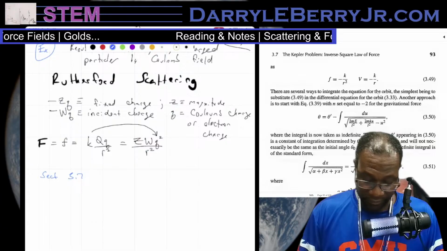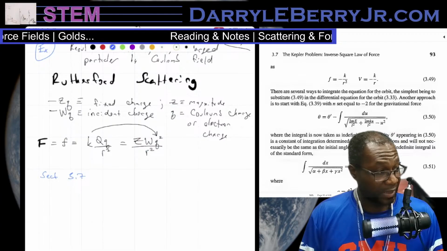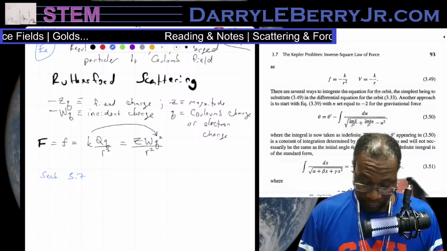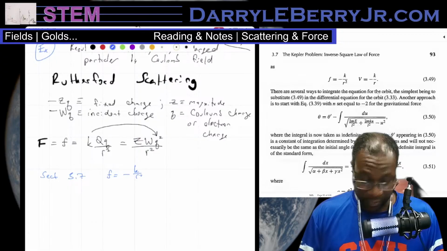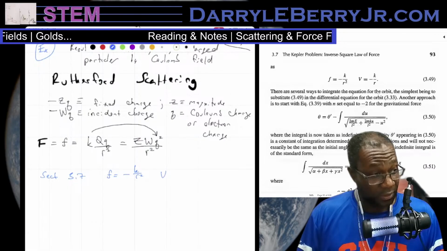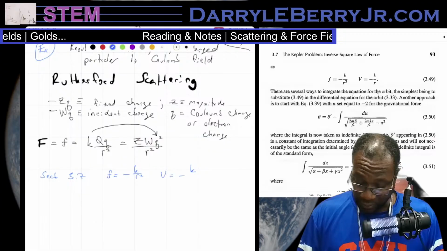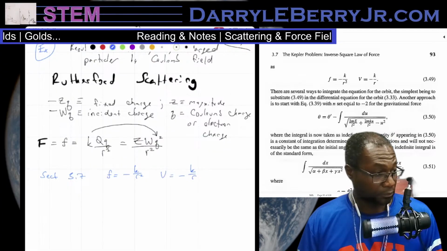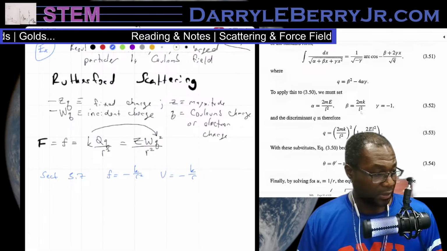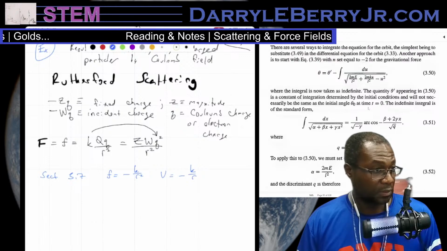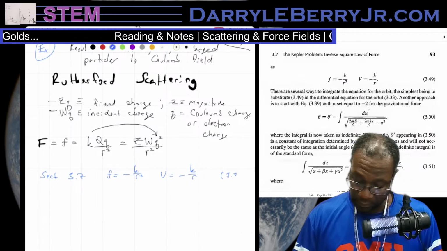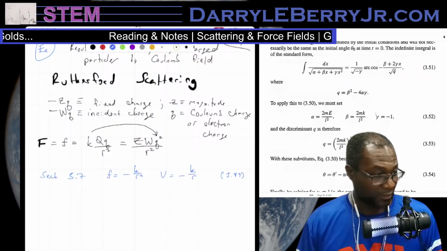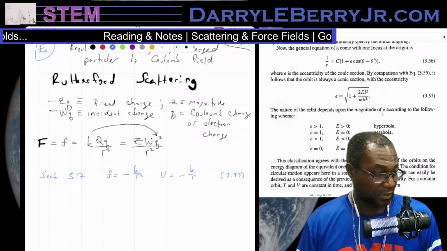Section 3.7, we have F equals negative K over R squared. V equals negative K over R. And this was 3.49.